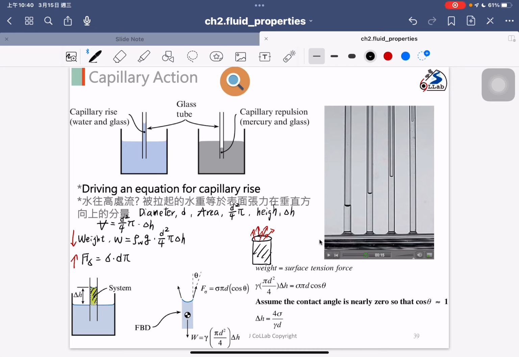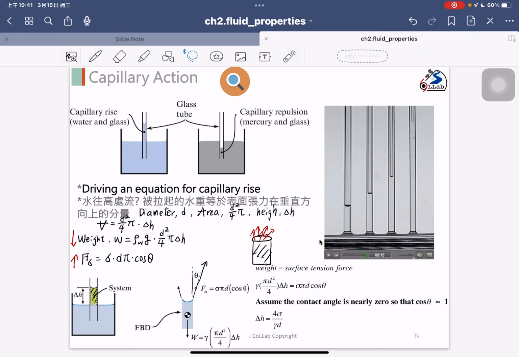This is the circle length: diameter multiplied by pi. And because the surface tension makes an angle theta with the vertical line, we should project the surface tension onto the vertical line. So we should multiply by cosine theta for this problem.